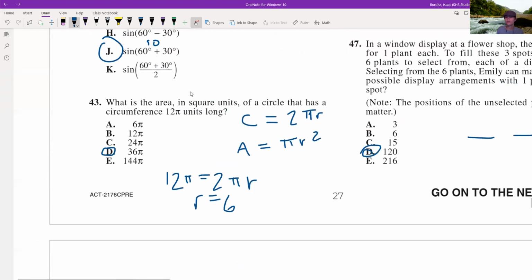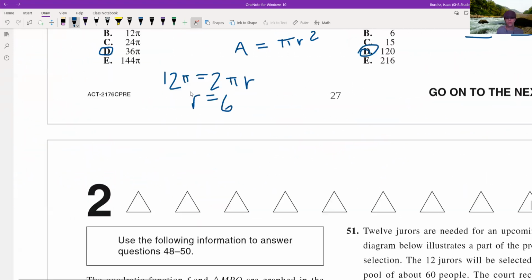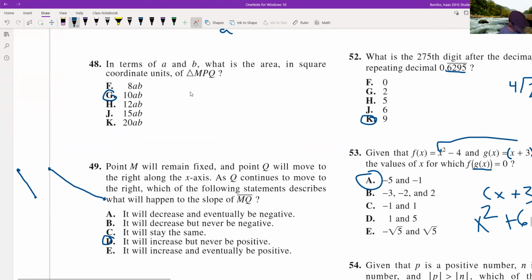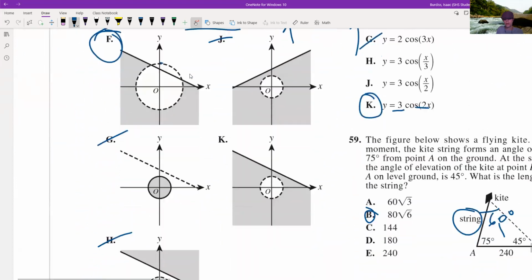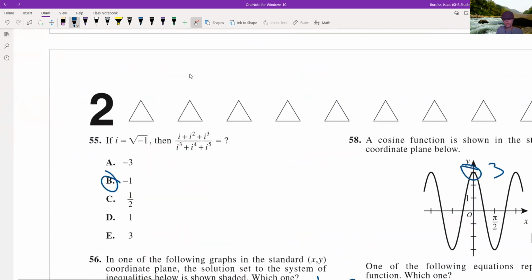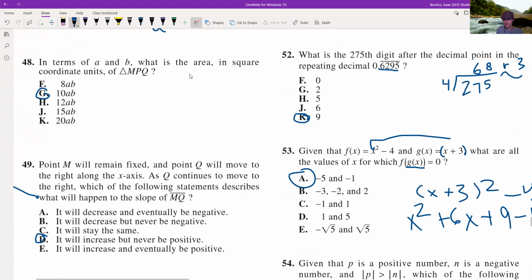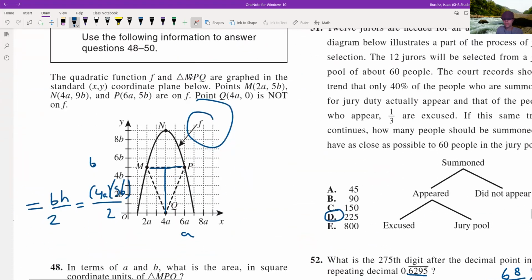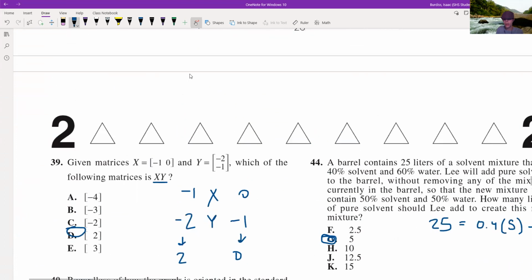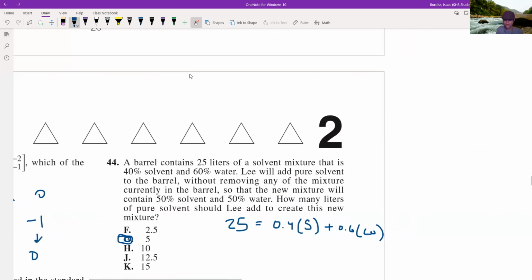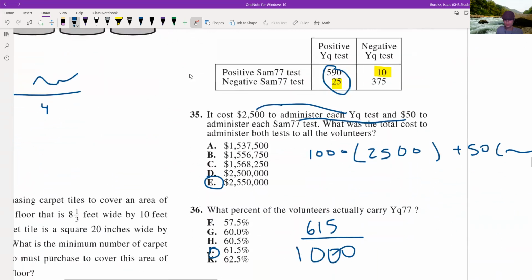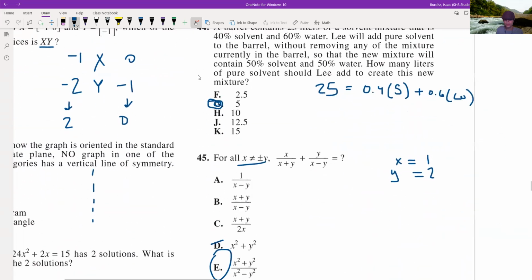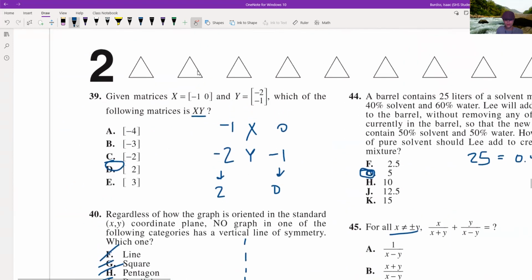I think 47 was. Yes. 47, 21, 59. Oh, wait, there was another one too. It was one of the ones that I got right, but I just couldn't explain it, right? Isn't that what it was? Yes. No, wait. 40 was one. 44, that was one of them. 44, and I might have missed one.